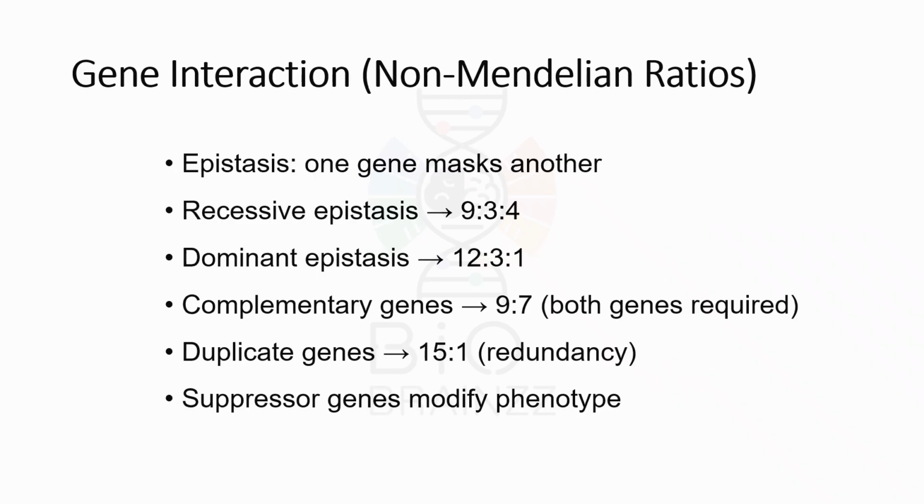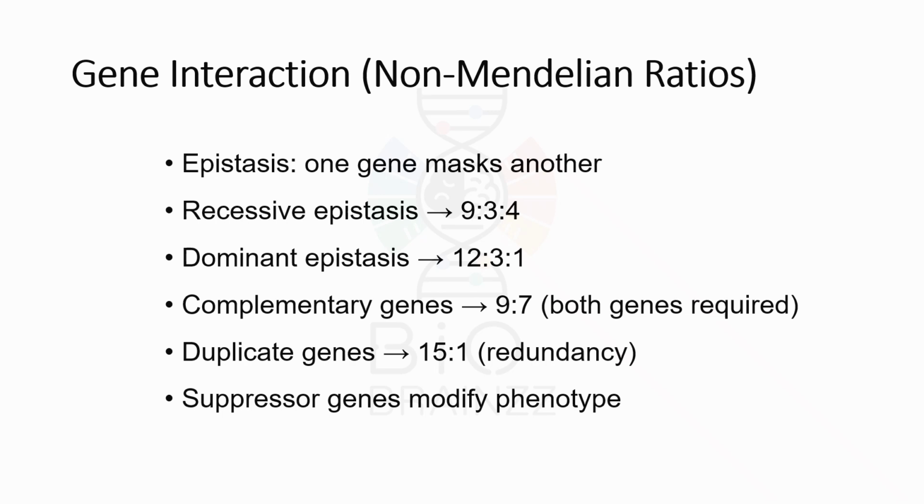Gene interaction refers to cases where multiple genes influence a single trait. Epistasis is a key concept where one gene masks the effect of another. Different types of epistasis give modified phenotypic ratios, such as 9:3:4 for recessive epistasis and 12:3:1 for dominant epistasis.